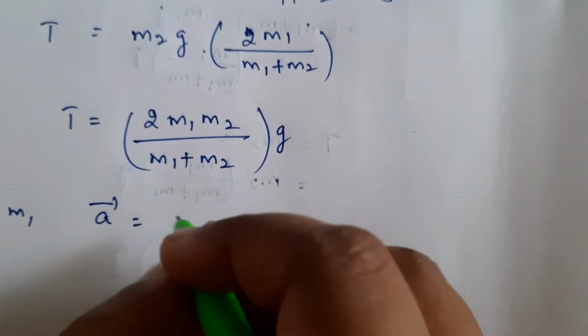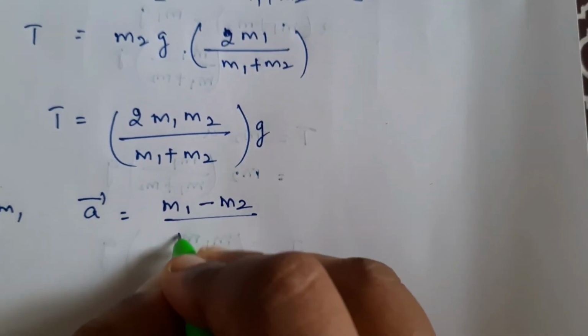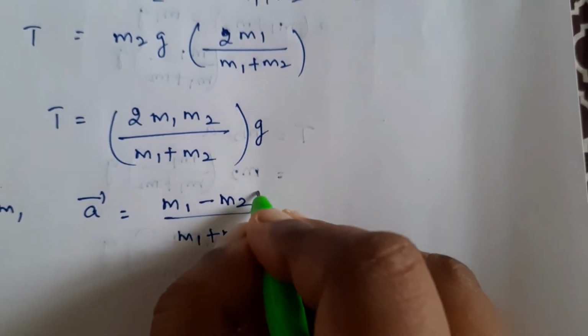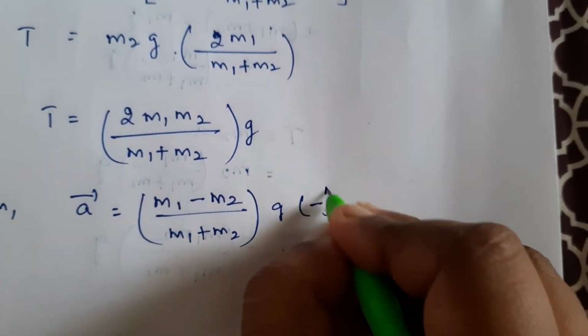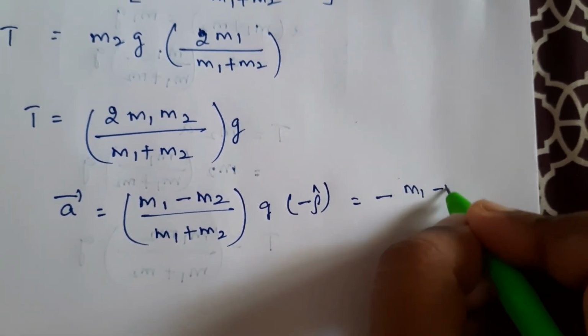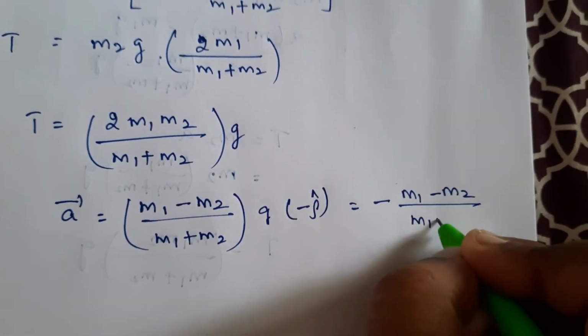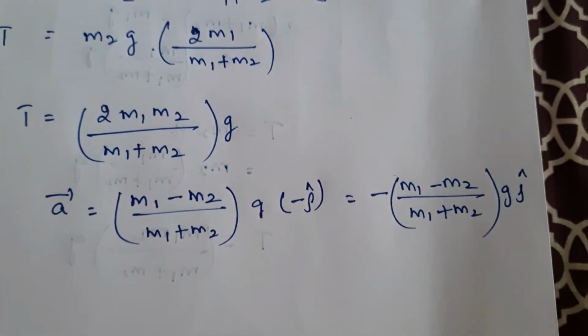So a vector for m1 is minus (m1 minus m2) by (m1 plus m2) into g j vector.